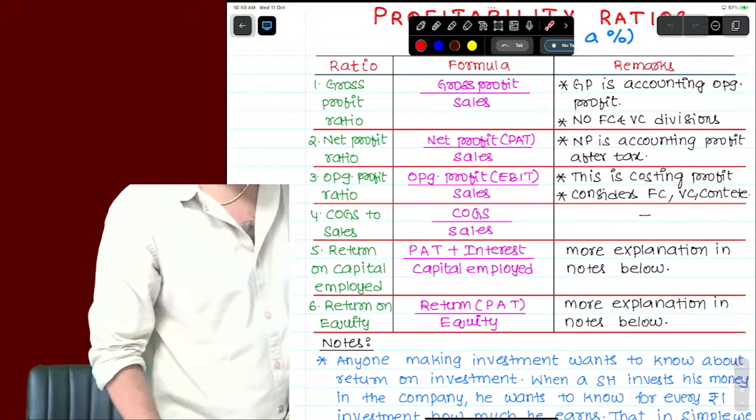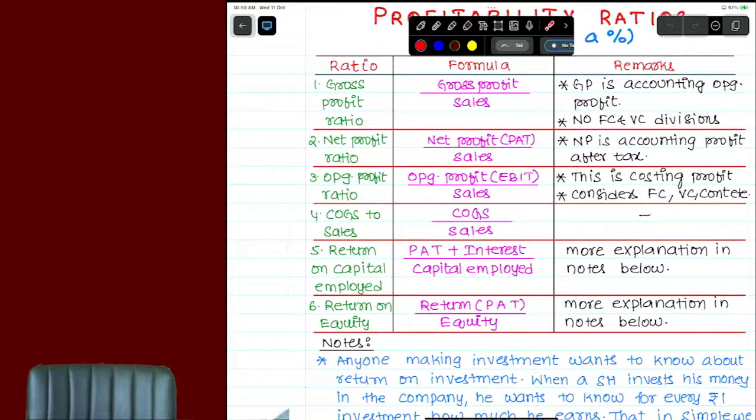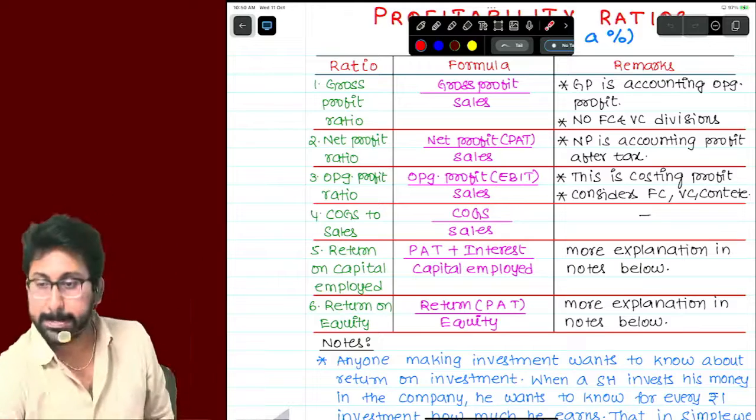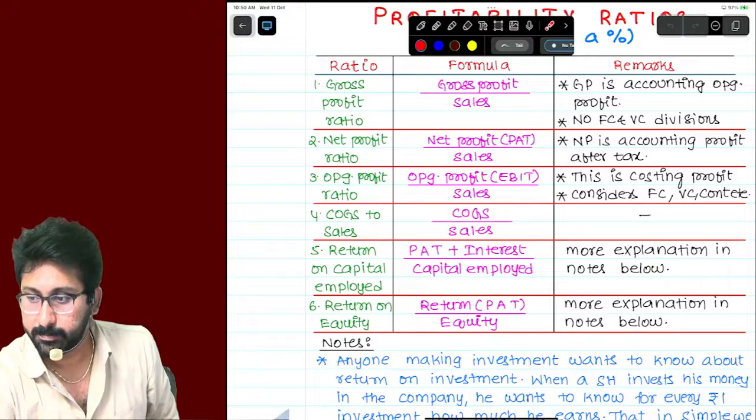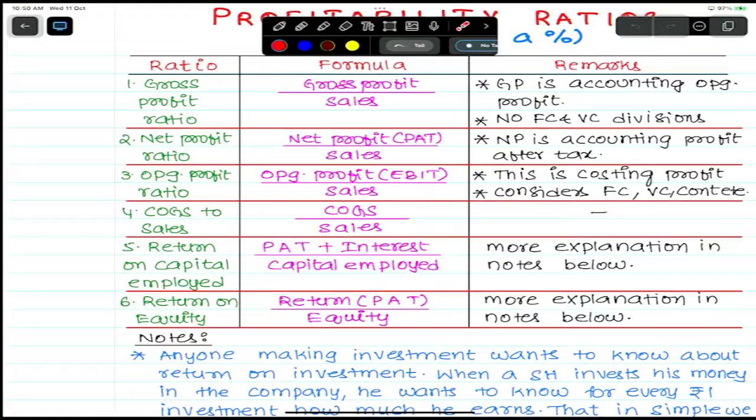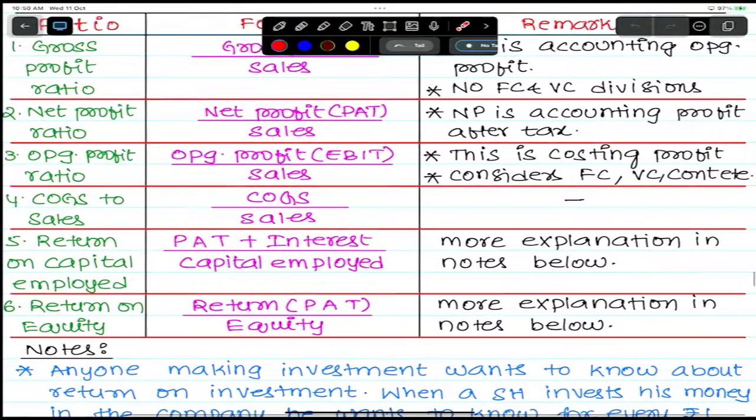Write down this. The notes below this, don't write now. I told you, not DuPont analysis. There we will write.